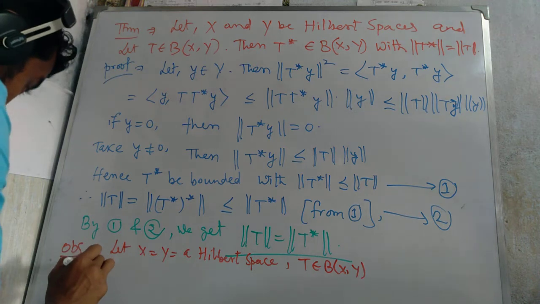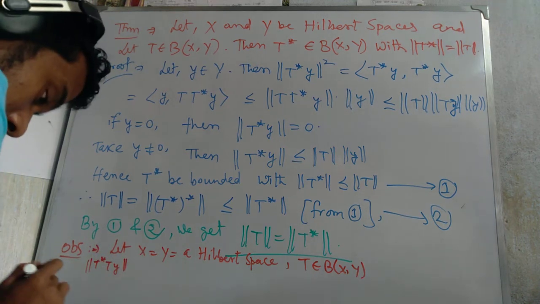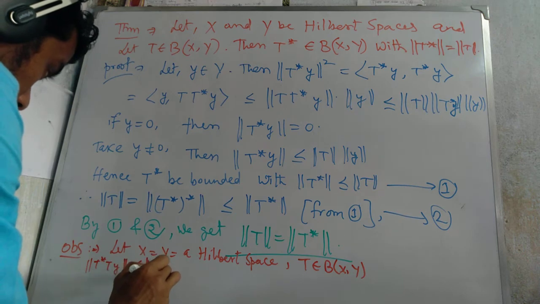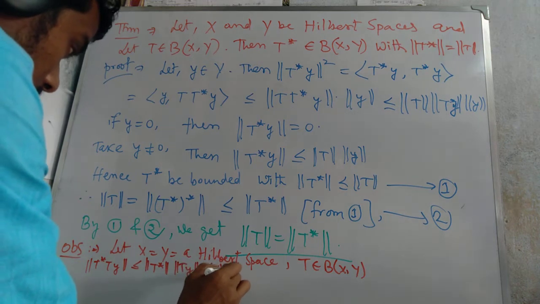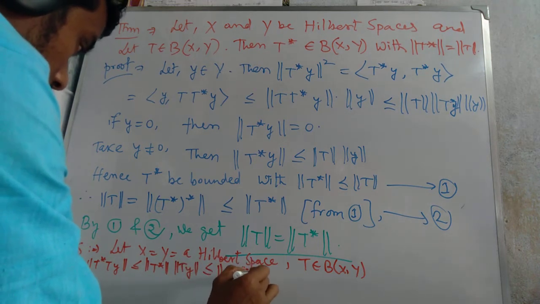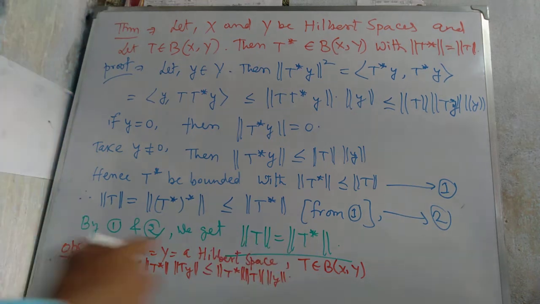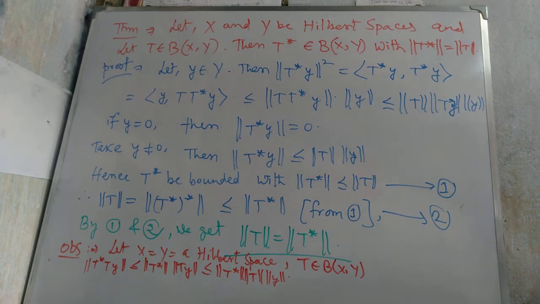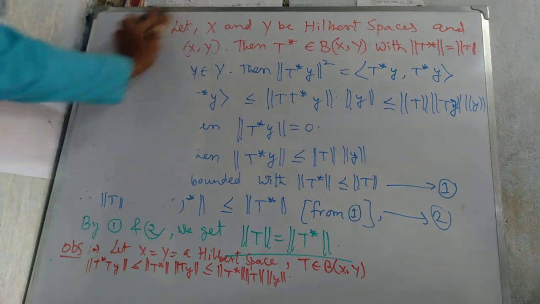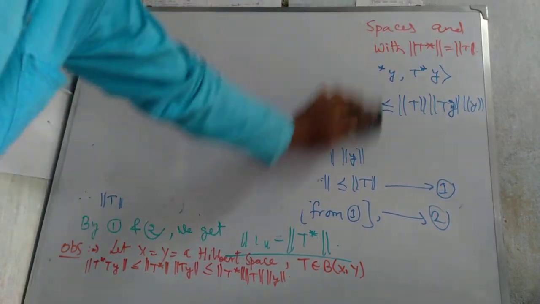Norm of T star T y is less than or equal to norm of T star times norm of T y, which is less than or equal to norm of T star times norm of T times norm of y. Then we next talk about other properties of the adjoint operator.